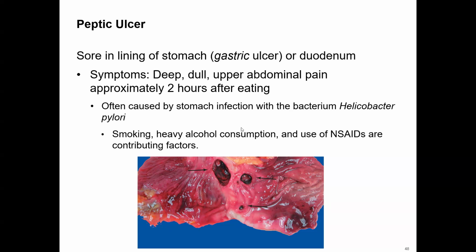Other problems seemingly associated with stomach ulcers could be smoking or alcohol consumption, or NSAIDs, non-steroidal anti-inflammatory drugs, things like aspirin or ibuprofen that we take on a normal basis. Usually this is a long-term scenario.